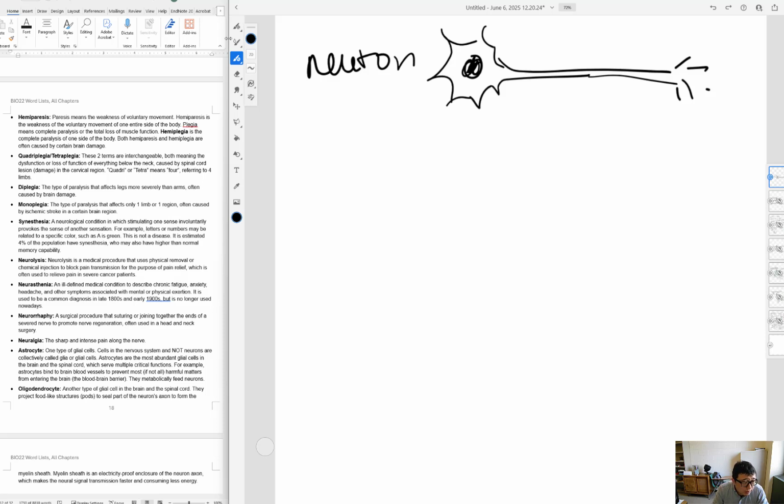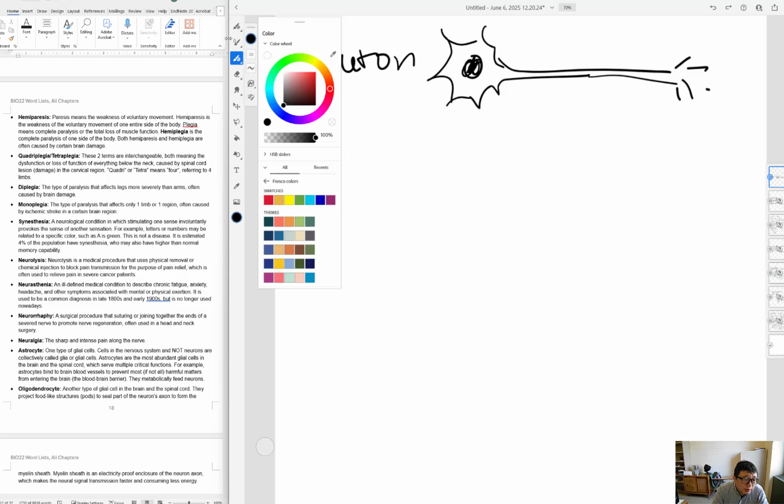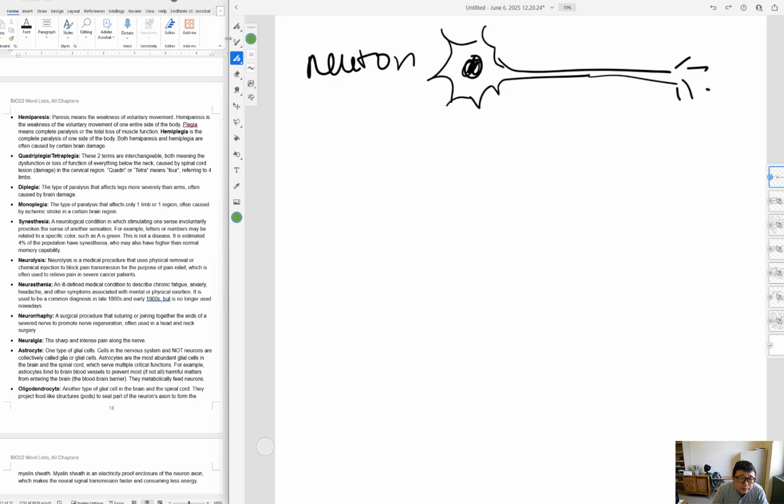Astrocytes are the most abundant, probably the most important cells in the nervous system. What's the function of the astrocytes?